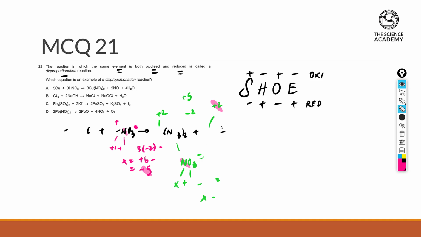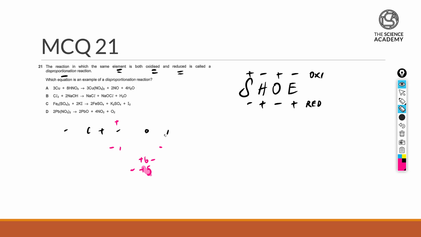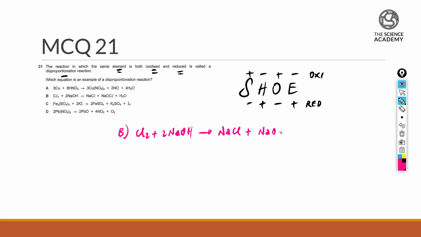So now let's try it out for part B. A moment while I erase the slate over here. So for part B, we're going to get chlorine plus 2 units of sodium hydroxide to give us NaCl plus NaOCl plus H2O.